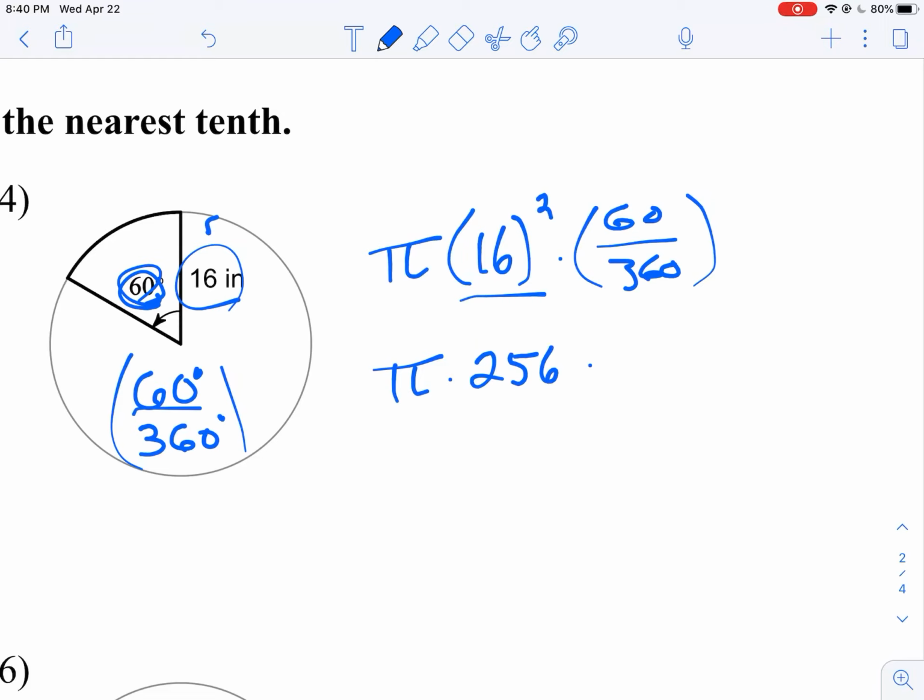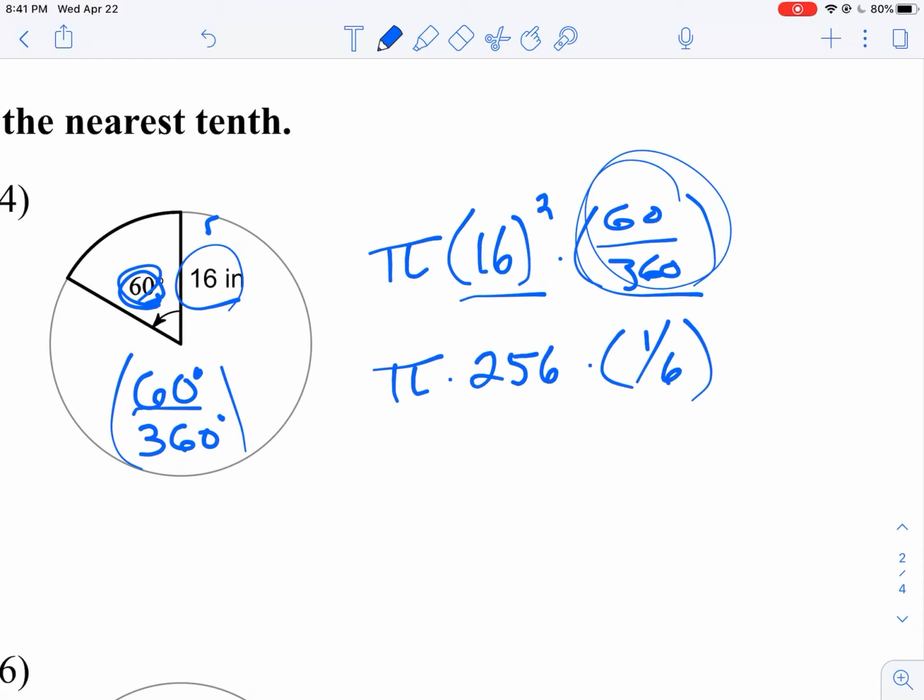I just reduced it. You don't have to reduce it. You could have left it just like this. That's totally fine. Right, 60 divided by 360. Did I do that right? I did. I just reduced it, less work for me, but you could have absolutely just used this right here.